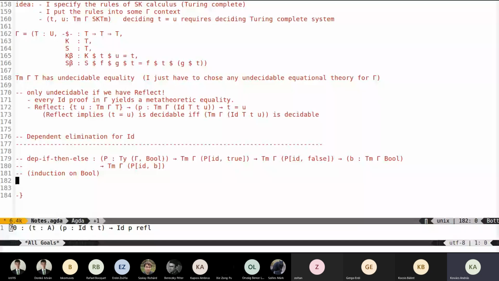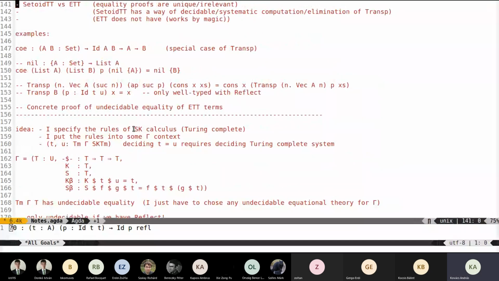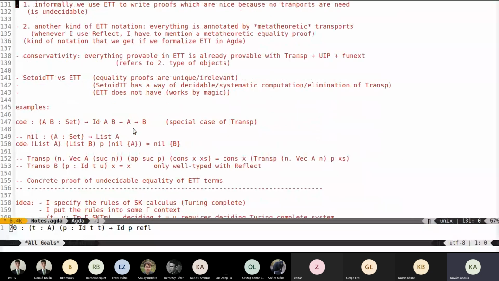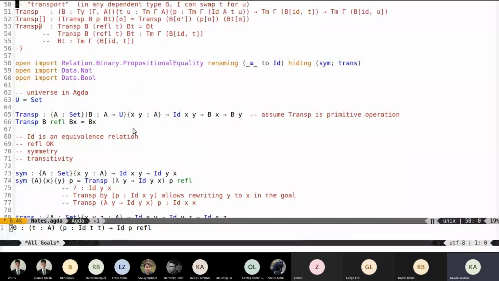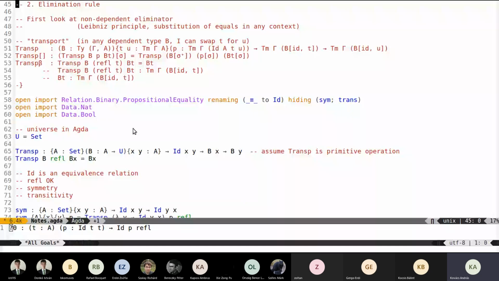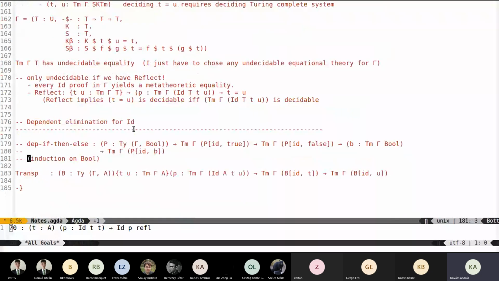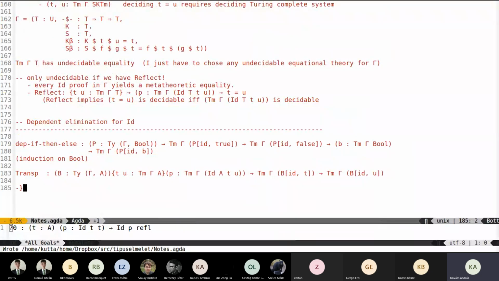And likewise, the transport. Let's copy the type of transport from here. So transport says that, this is kind of a recursion principle on ID, because I have a type which does not depend on the type of identities.